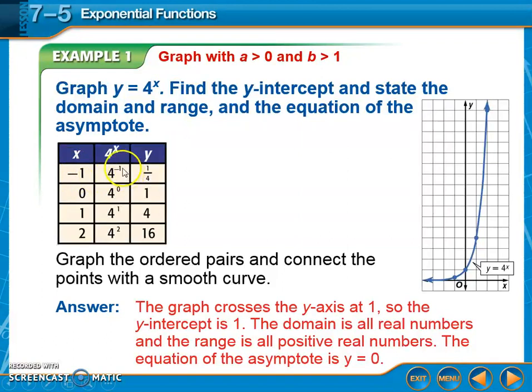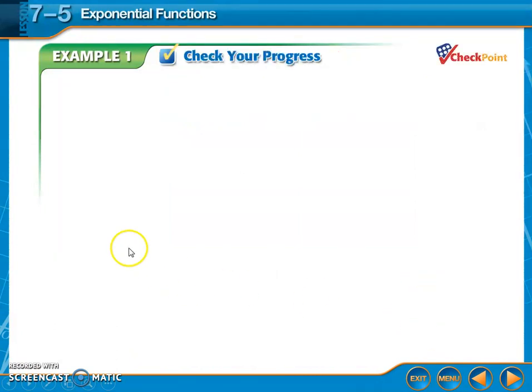And you can look at it right here as to why. 4 to the -1/millionth power would just be 1 over 4 to the millionth power. So it's never going to pass that 0 right there. We call that the asymptote. Sorry, I keep saying it wrong, asymptote. There you go.